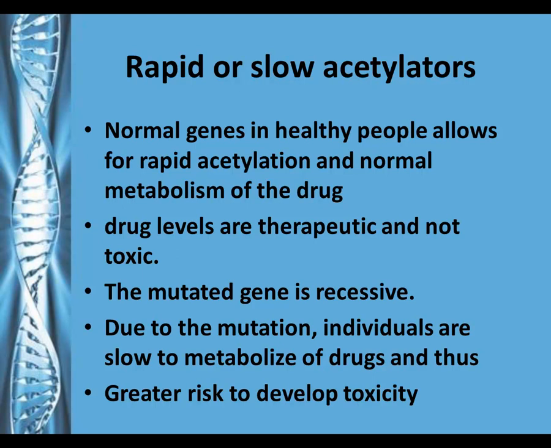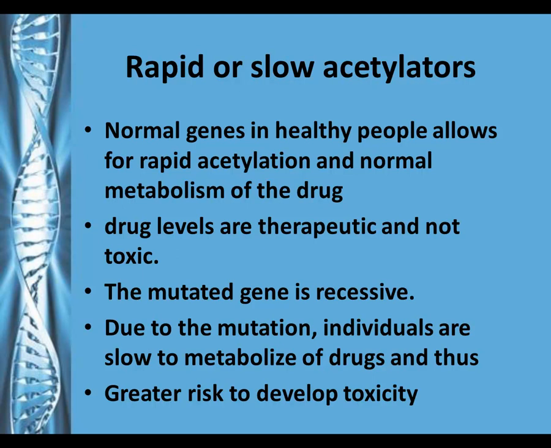In the normal healthy person, this gene that they located allows for rapid acetylation and normal metabolism of drugs. Therefore drug levels get to a therapeutic range and they don't develop toxicity. As you can see, whether the patient is rapid or slow may affect the metabolism and toxicity of these drugs.